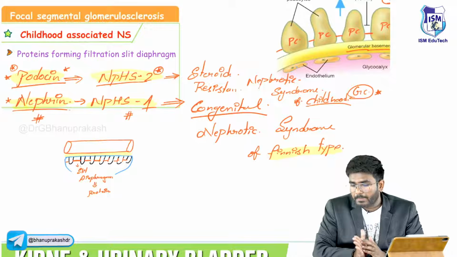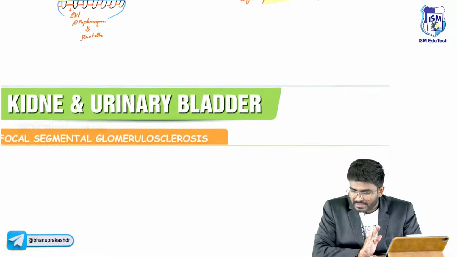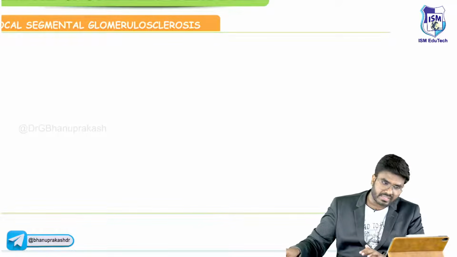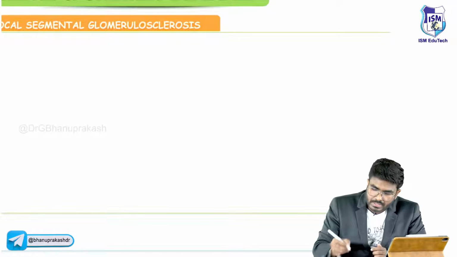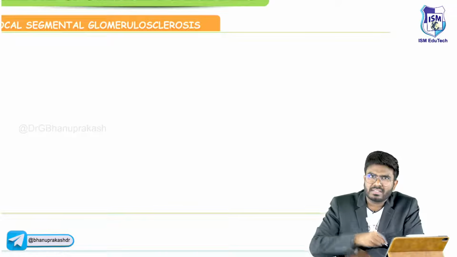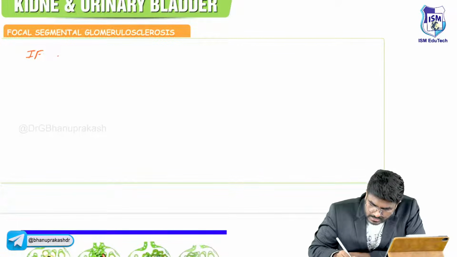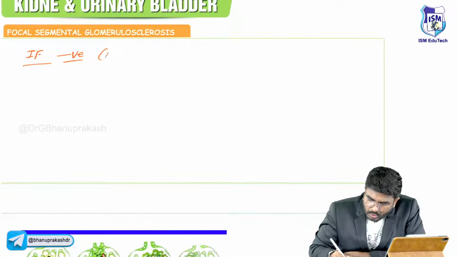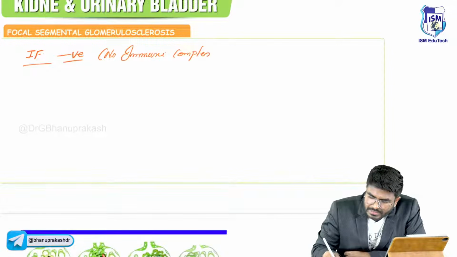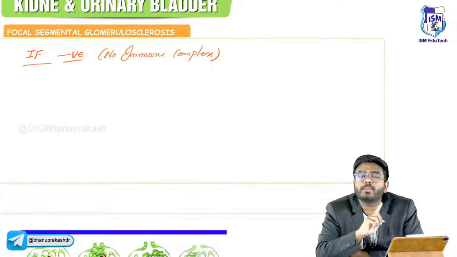Now apart from this, what else has been asked in the exam? Is there any immune complex deposition in this condition? Immunofluorescence is going to be negative. No immune complexes. Even in MCD, minimal change disease, no immune complexes.